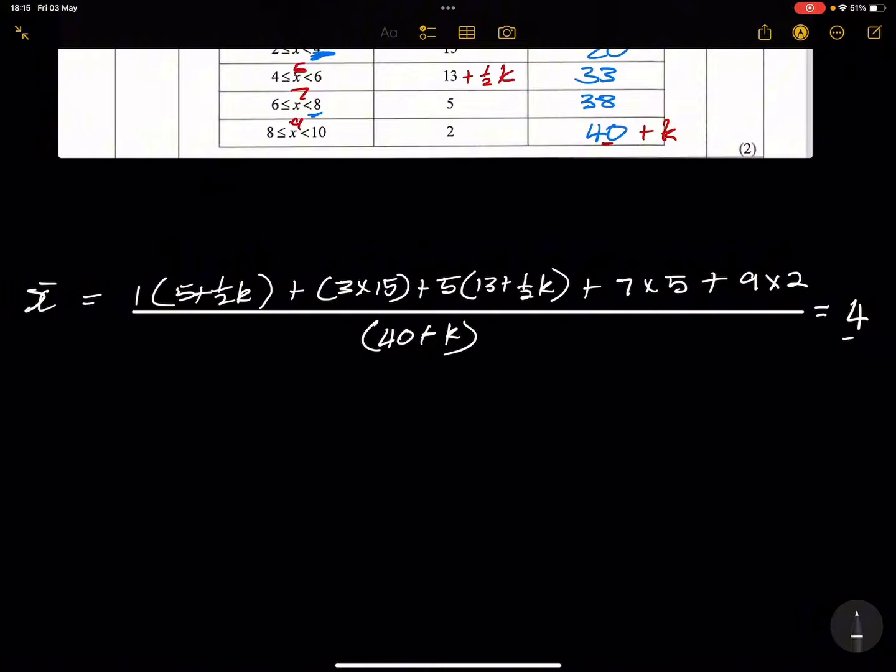So I'm going to say 4 over 1. If we cross multiply, let's start dealing with what's at the top. I've got 5 plus half of k.